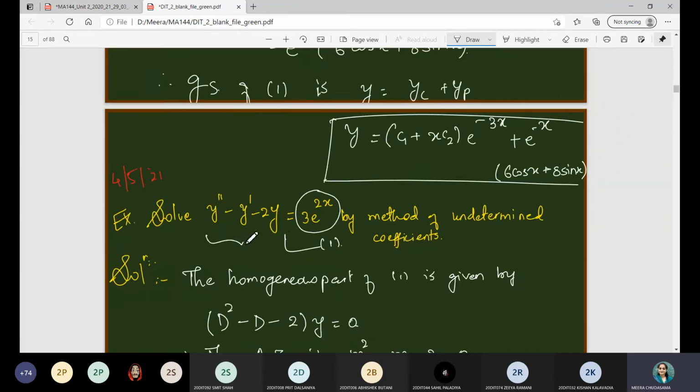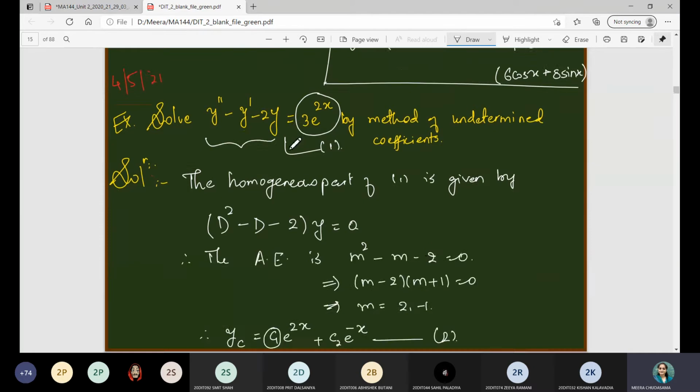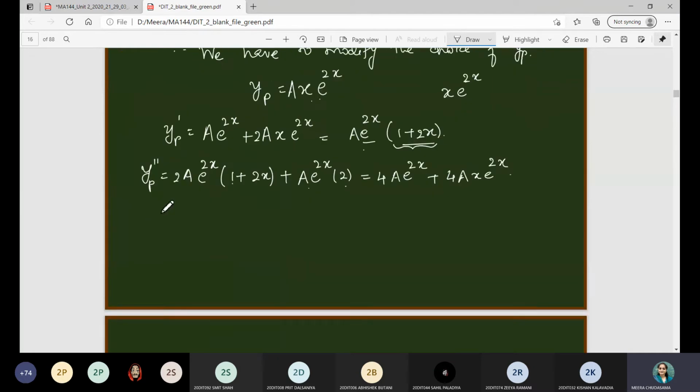Now we will consider the left hand side of this equation. So from 1 we can write, तो 1 क्या है? It is y double dash minus y dash minus 2y is equal to 3 e raised to 2x.